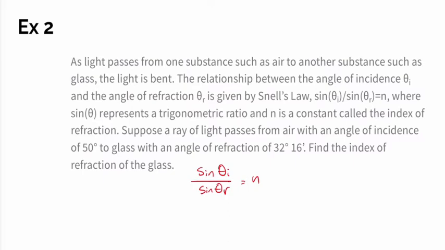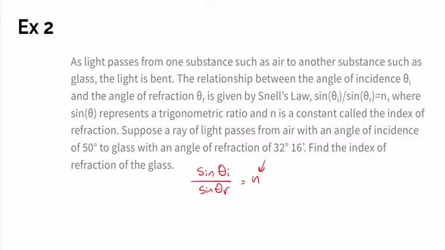Suppose a ray of light passes from air with an angle of incidence of 50 degrees to glass with an angle of refraction of 32 degrees and 16 minutes. Find the index of refraction of the glass. So we want to solve for n here.